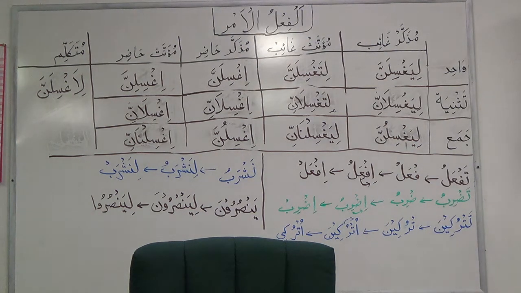Close. Very close. Yadain? No, our hands. Yadain means 2 hands. Nadain? No. This is a noun. You can't put a ya on a noun.